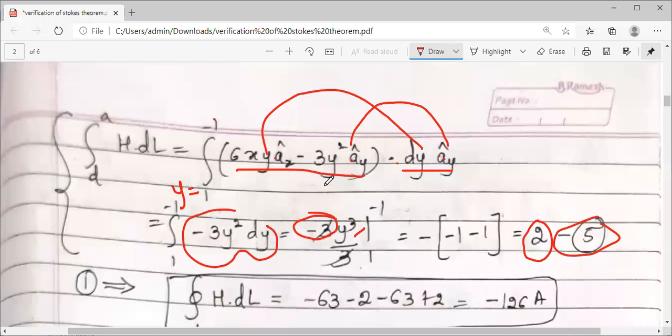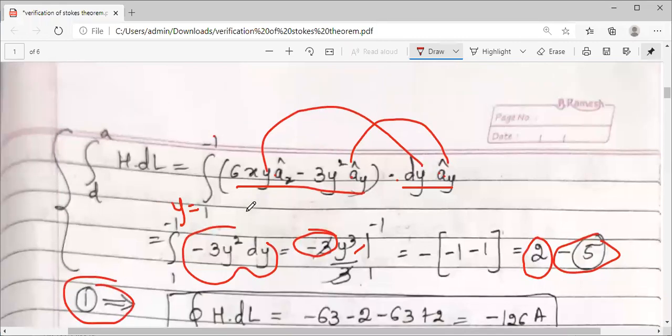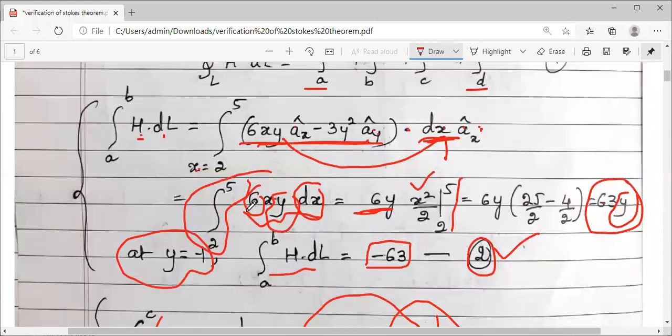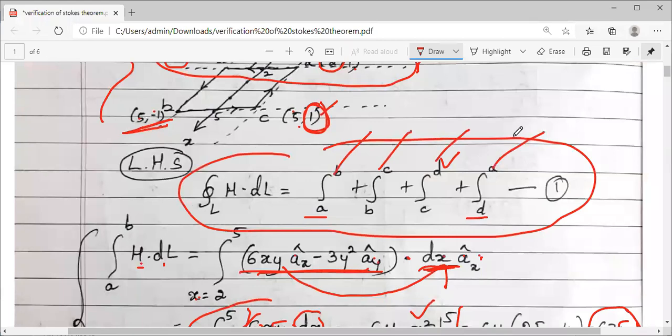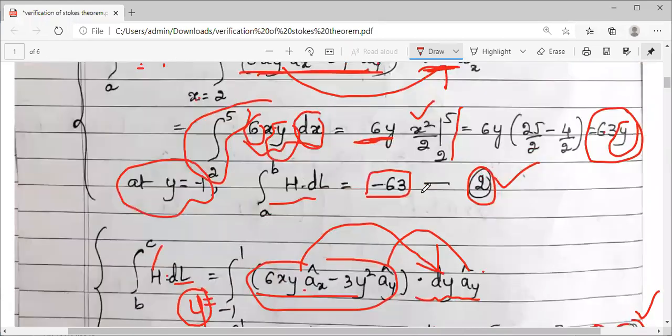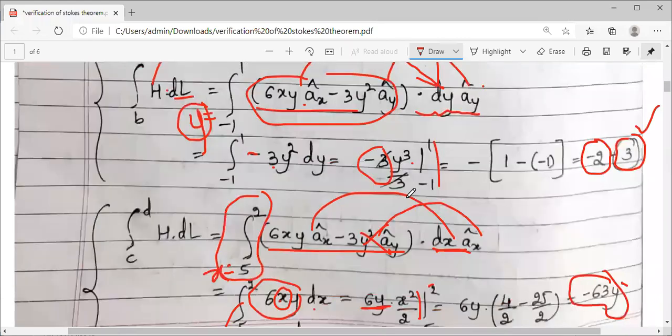So I have calculated all 4 line integrals, substituting all these 2, 3, 4, 5 in equation 1. What is equation 1? This is our equation. LHS, you have to add all your answers. Then you will get LHS of the Stokes theorem.